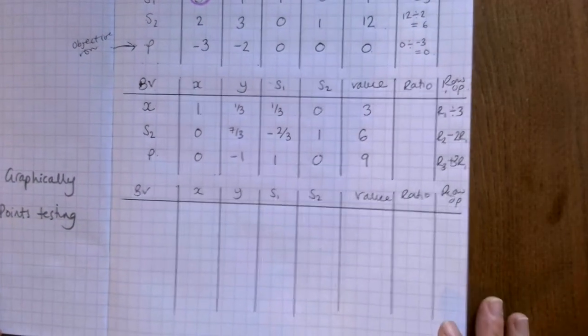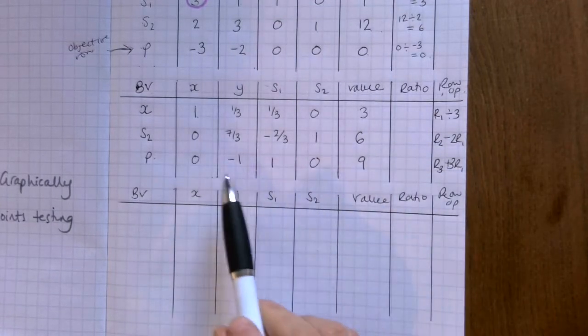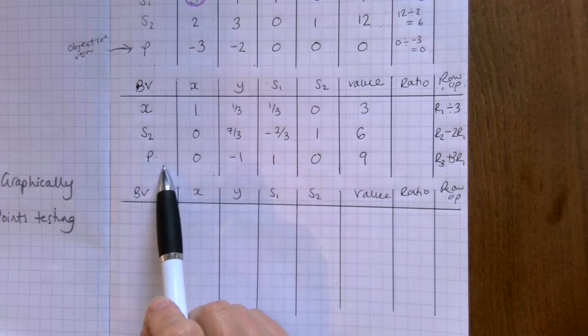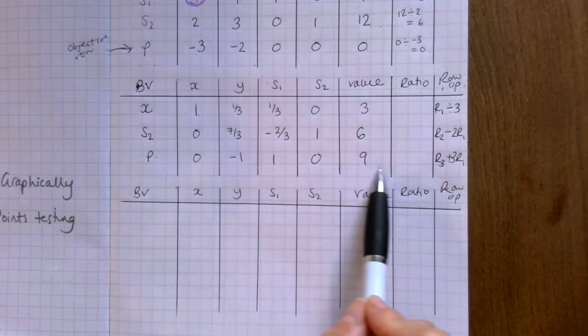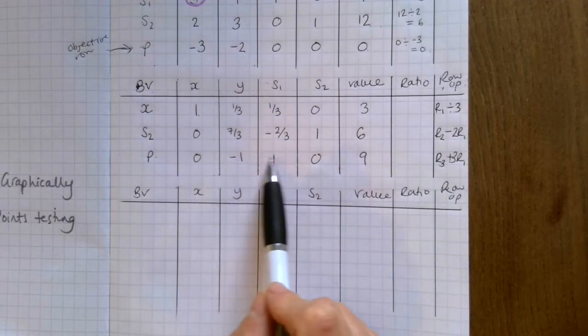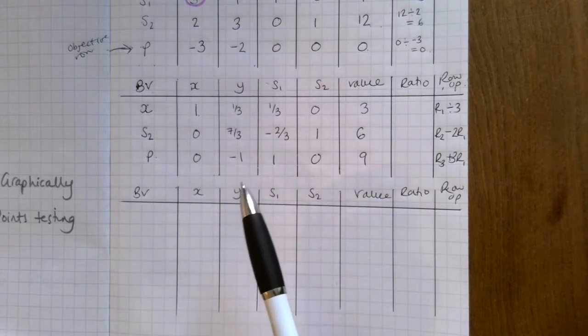Okay, so we're going to do the next iteration. Now, I should have said before, we know we're not at the optimal solution because there are still negative values in our objective row. So if there are still negatives in this, then we need to continue and do another iteration.